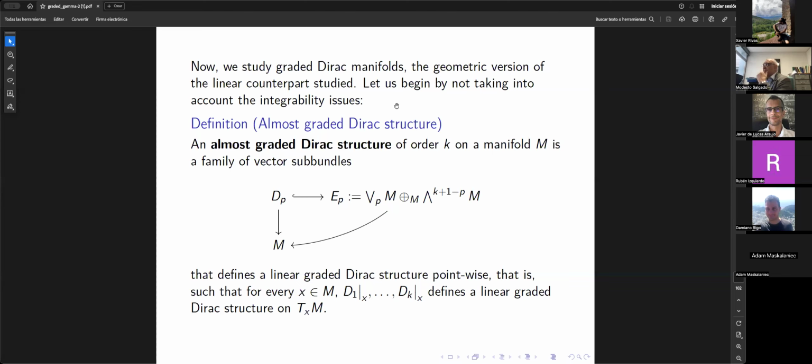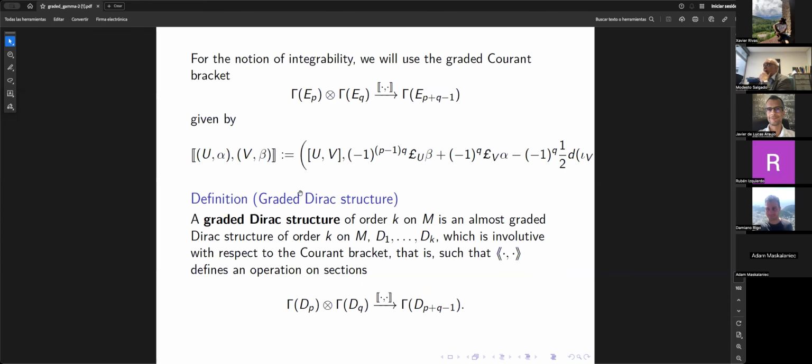Okay, and also we consider the case of manifolds, and this is just to extend the things to manifolds, point-wise. And we define first an almost graded Dirac structure, because we don't impose the condition of integrability for now, as a family of vector subbundles of a manifold, satisfying the properties point-wise as in the other case.